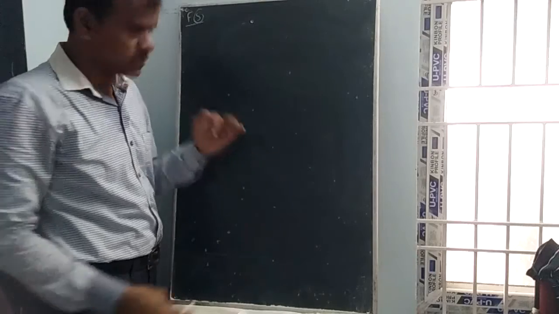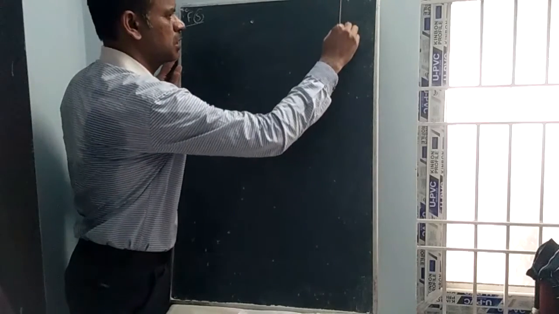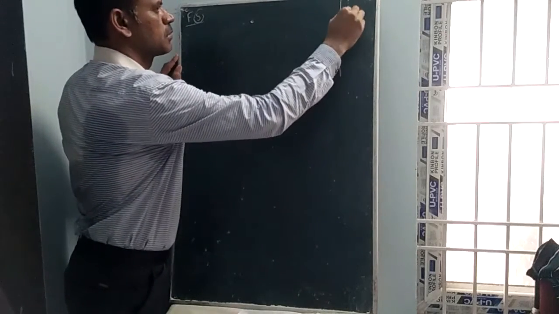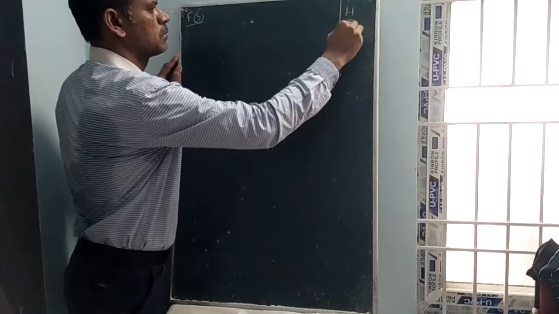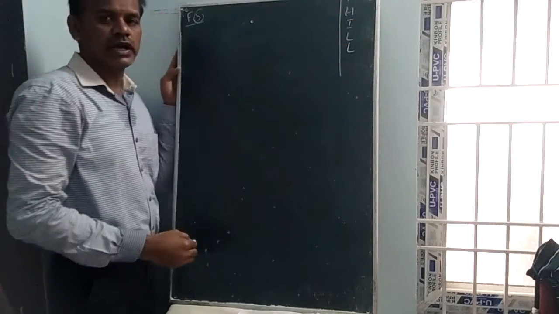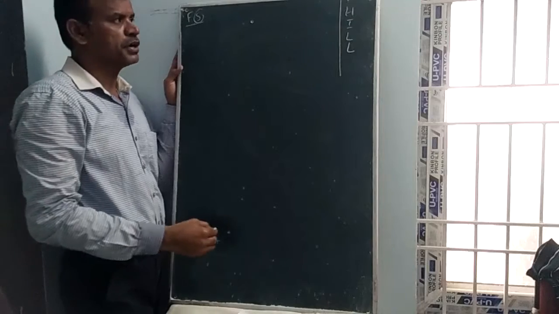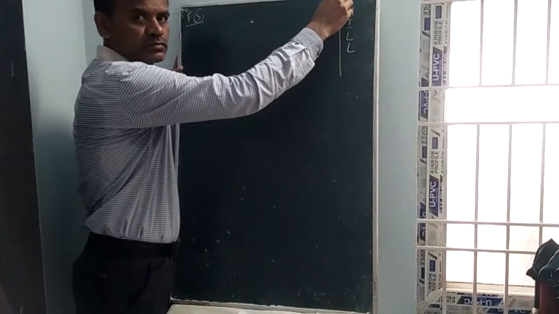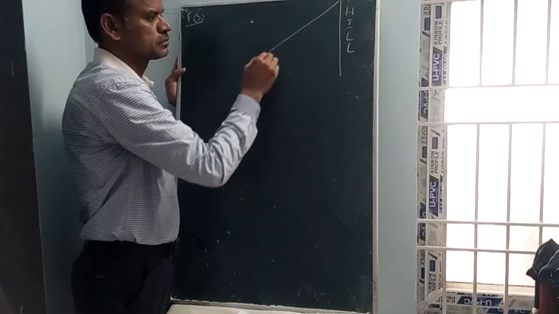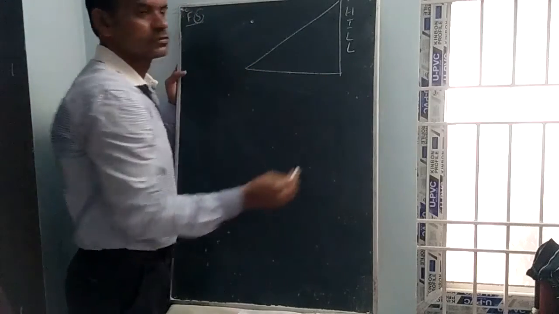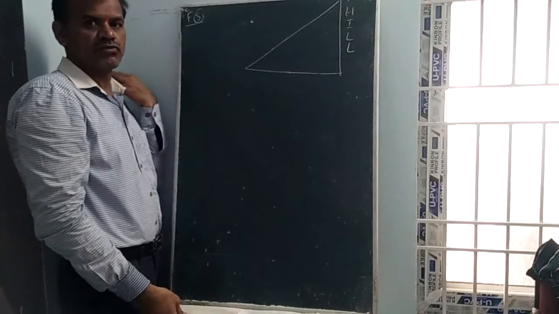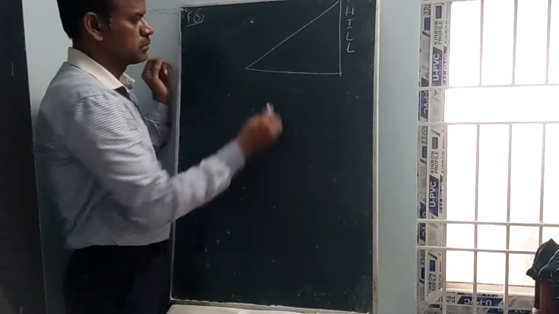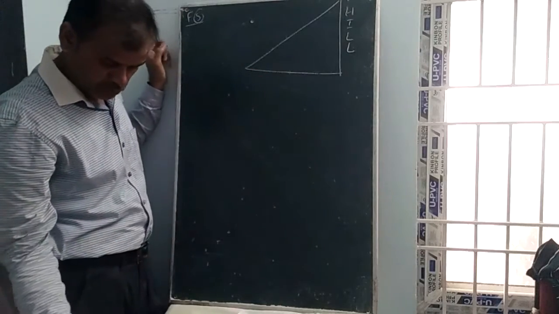This is the hill. The angle of elevation of the hill from a point A is alpha. And read the question properly, completely.